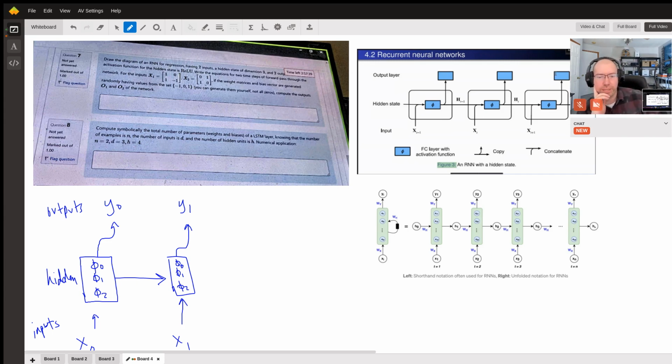Looking at this, the hidden layer's output is just phi, the activation function, applied to x times weights plus biases, which is what any kind of dense layer does. So that's not super surprising.